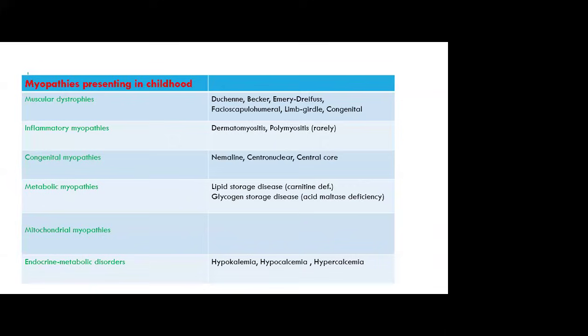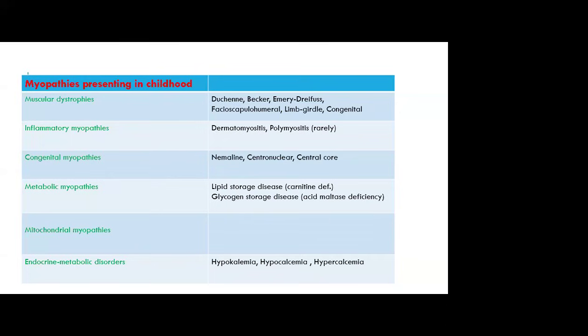Myopathies presenting in childhood, we divide them into muscular dystrophies, inflammatory myopathies, congenital myopathies, metabolic myopathies, mitochondrial myopathies and endocrine metabolic myopathies. The muscular dystrophies we have Duchenne's, Becker's, Emery-Dreifuss, scapulohumeral, and limb-girdle.